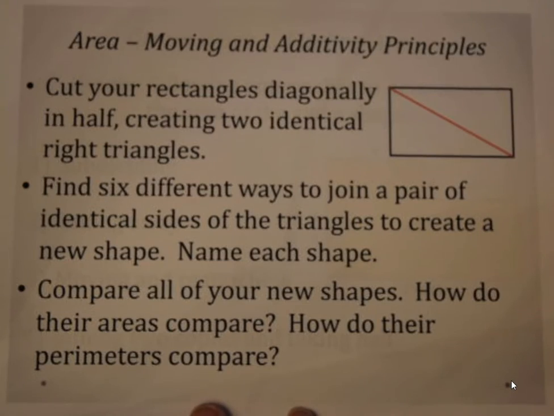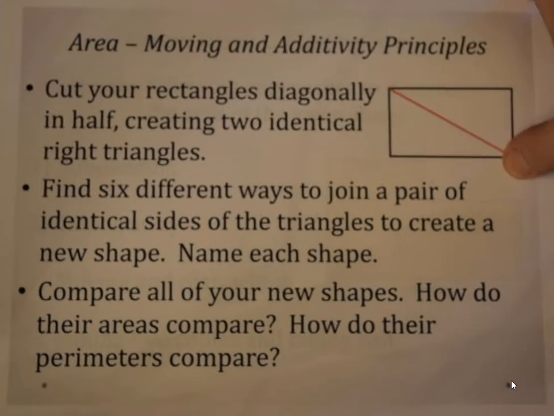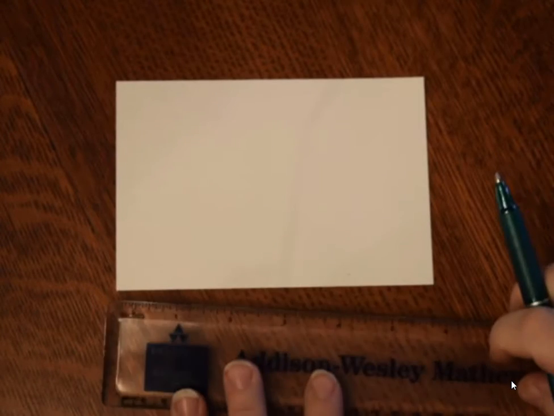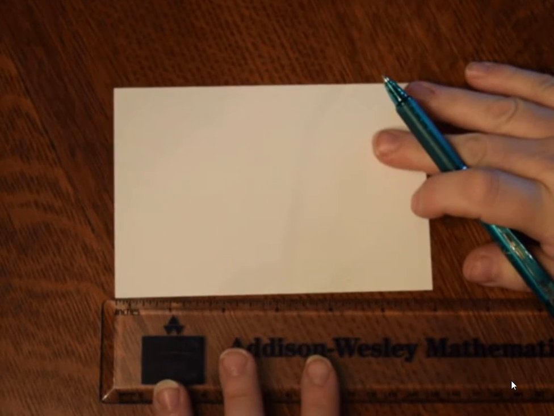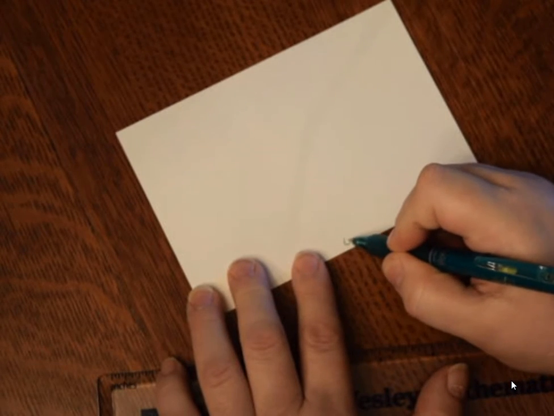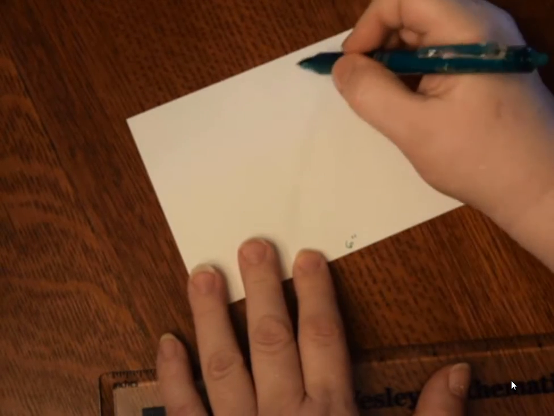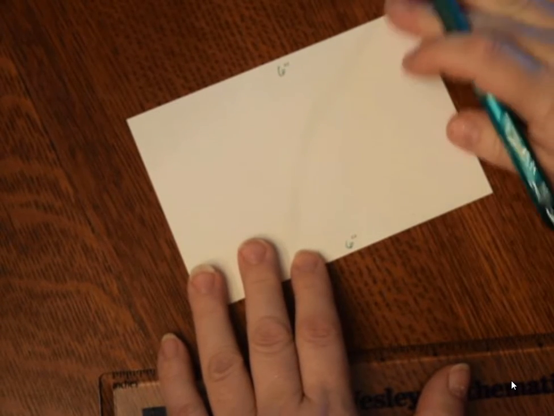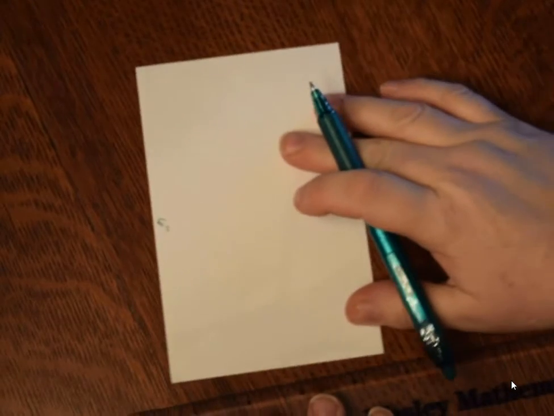Area, moving and additivity principles. In this exercise, I want you to find a rectangle, something that we can cut up. What I'm going to do is I'm going to measure this, and this side is 6 inches. And so I'm going to label it 6 inches, and this one also is going to be 6 inches because it's a rectangle.